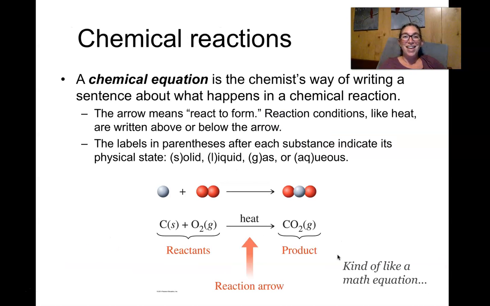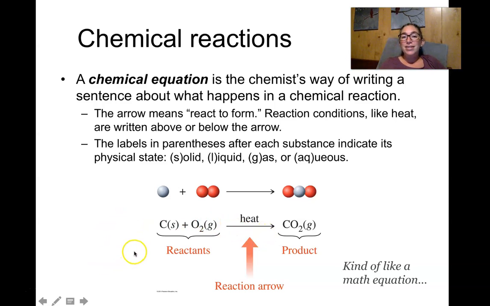So when we write a chemical equation, it's very much like a math problem. On the left side of the equation are the reactants, and on the right side of the equation are the products. And then there's a reaction arrow that's kind of like the equal sign in a math problem.